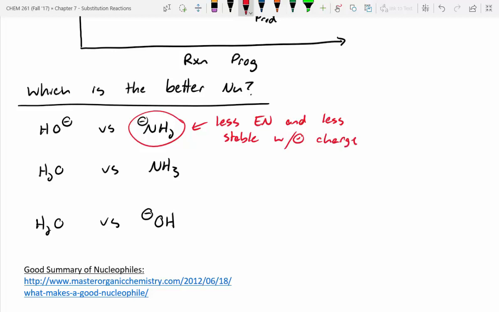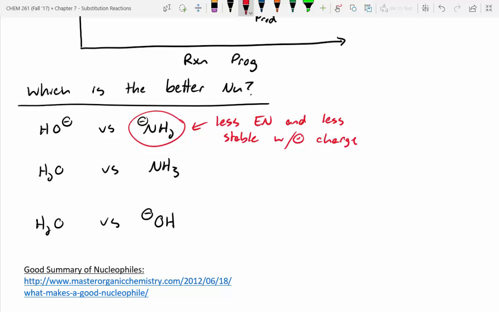All right, let's think about the next one. The next one's getting a little bit more abstract. Which is going to be the better nucleophile, water or ammonia, and why? All right, let's think about it, right? They can each act as a nucleophile because they have lone pairs. Which one's going to hang on to its lone pairs more tightly?